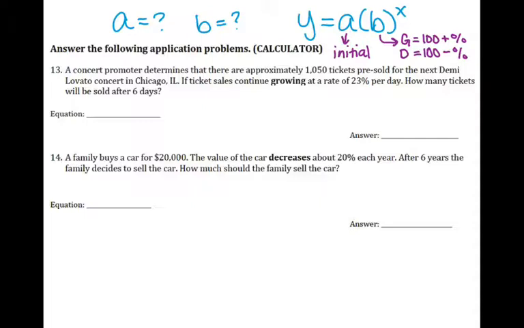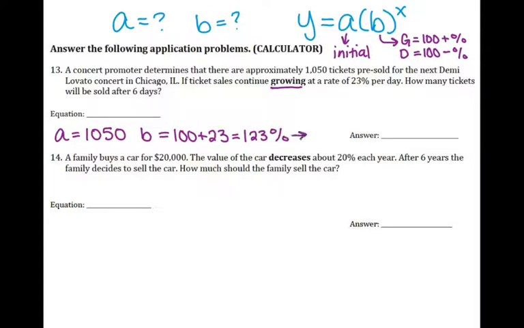Okay, so my starting amount of tickets is 1,050, so that's my A. Now for my B, I need to determine whether it's growth or decay. Well, this tells me that it's growing, and it's growing at a rate of 23% per day. So what I'm going to do is take 100 plus the 23%, which gives me 123%.